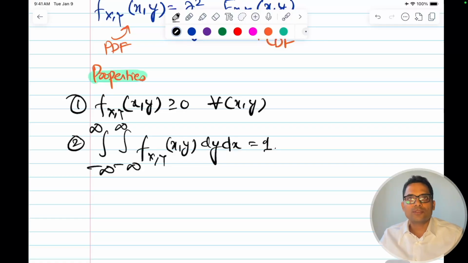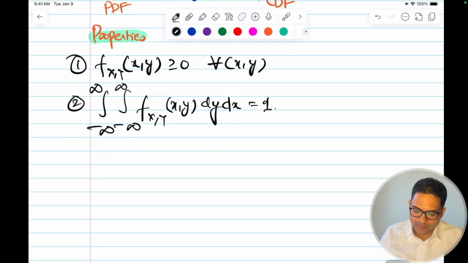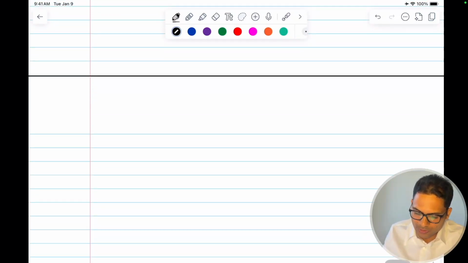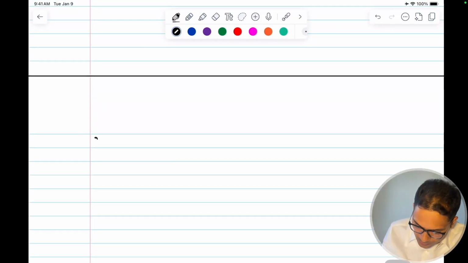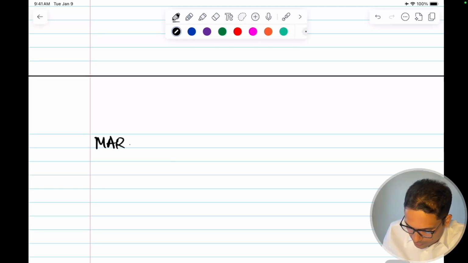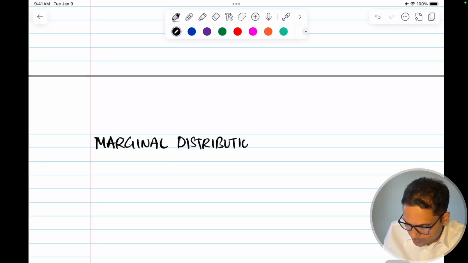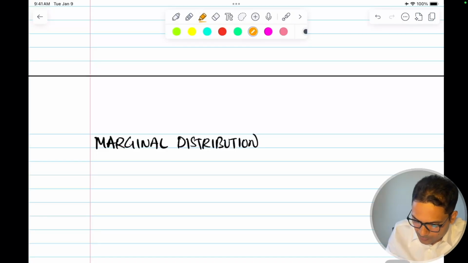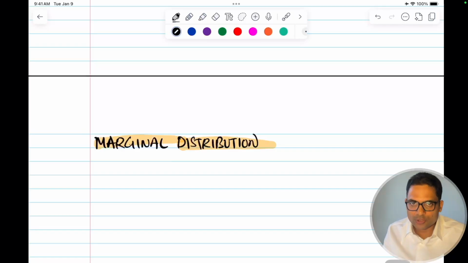So I hope the joint probability distribution is clear. Now let's move to the next topic, that is marginal distribution. So I'll move to the next page. What is marginal distribution?